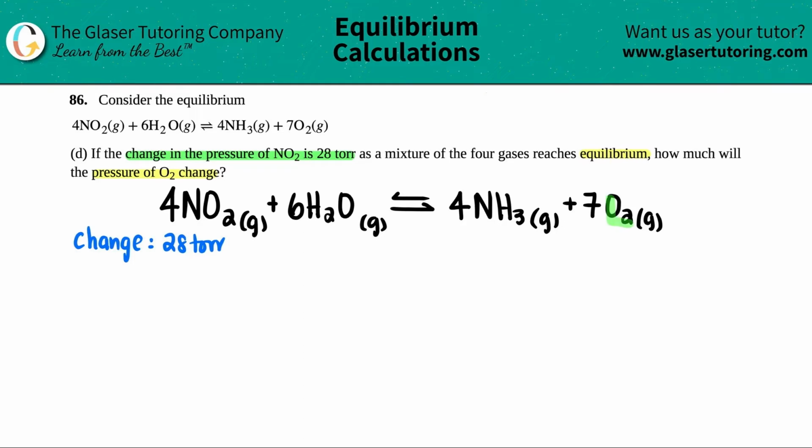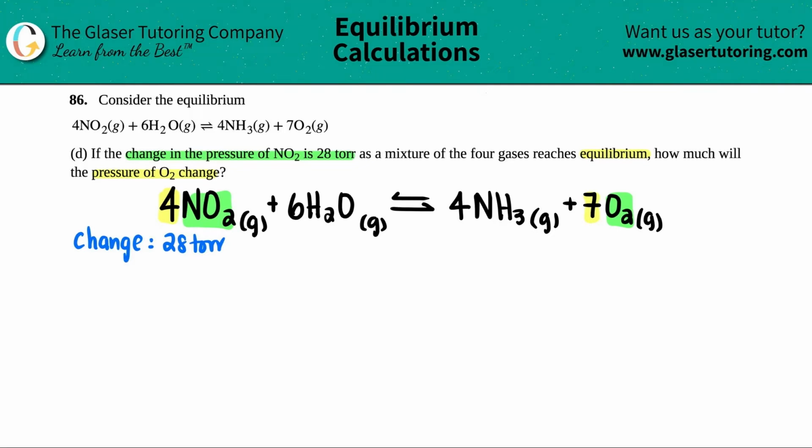So here's O2 all the way on the end over here, and here's NO2. Okay, well, we could basically use our ratios, right? If we're going from one compound to another, this is kind of going back to stoichiometry. All we have to do is just use our stoichiometric ratios, aka the numbers in the front, right?